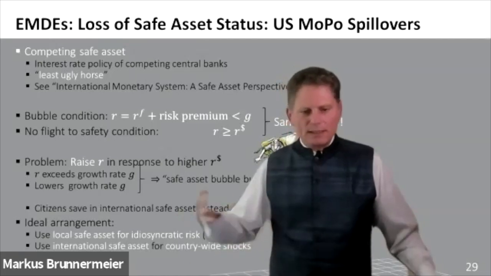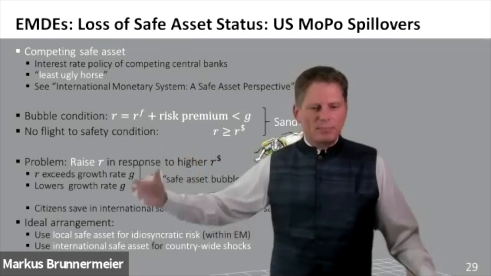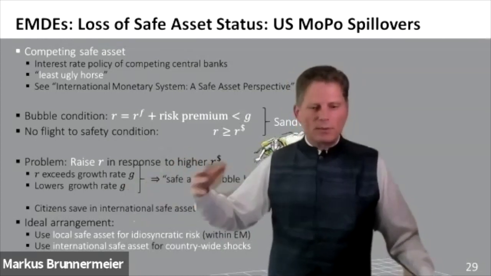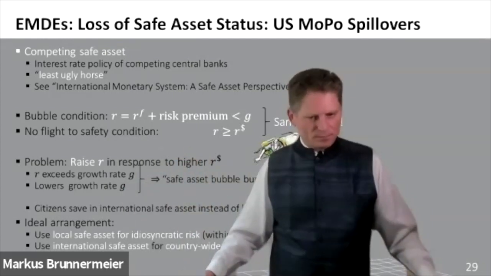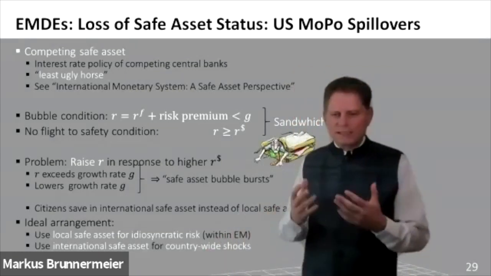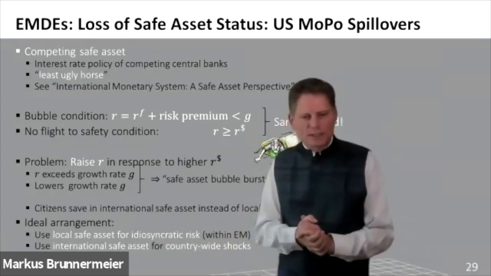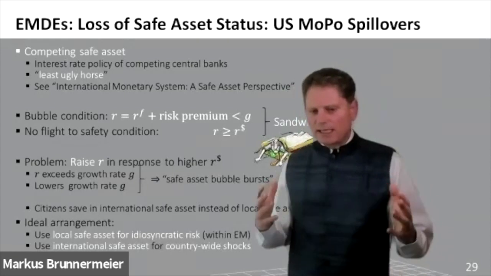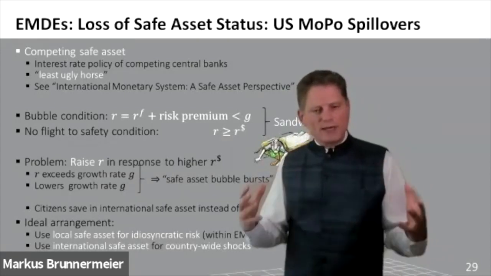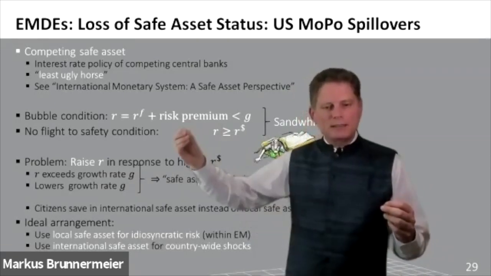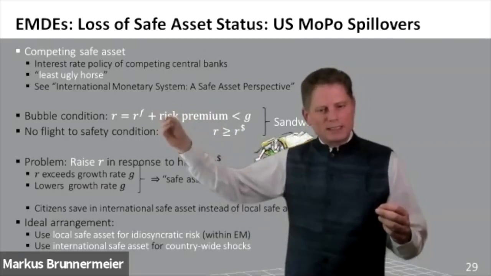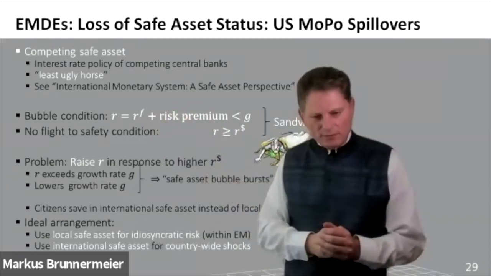So if the other safe assets seem less appealing, then you can be a little bit more aggressive. But interest rate policy is then actually competing across countries. If you think about different countries, each country has its own safe asset, and you still compete with the US Treasury as the ultimate, global safe asset.